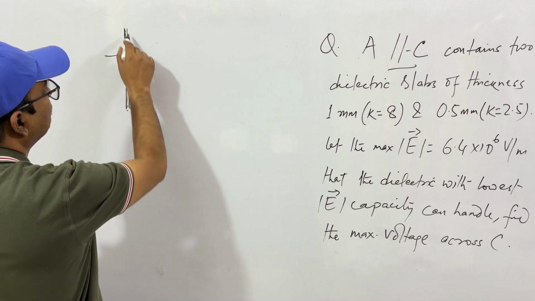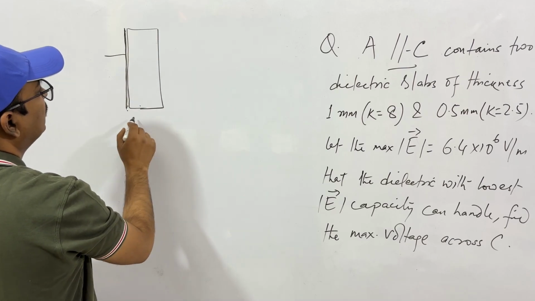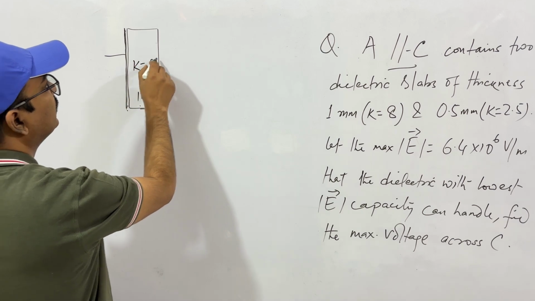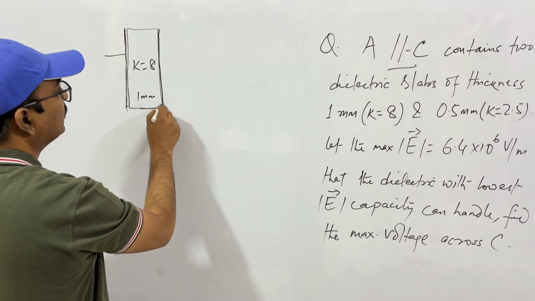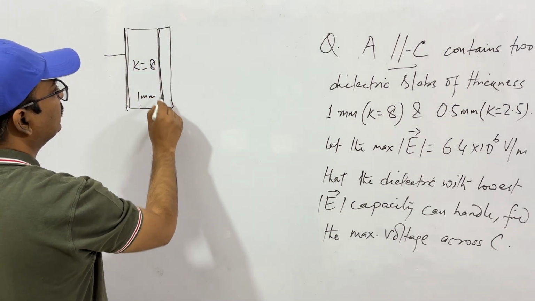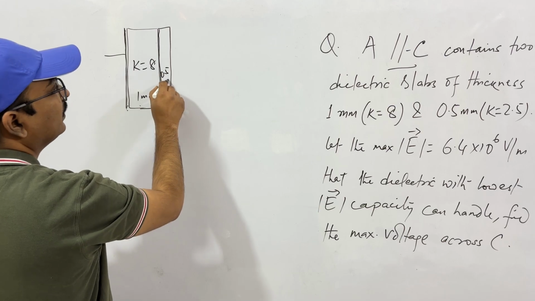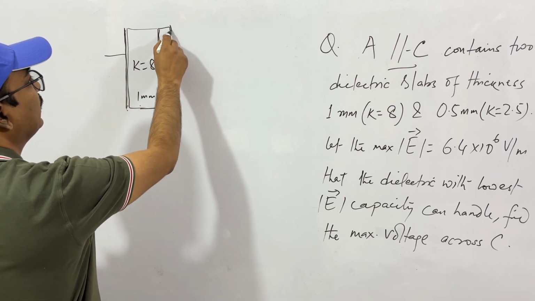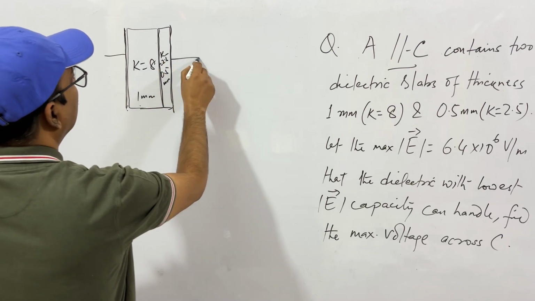Then this is your first dielectric slab, 1 mm. Its K is equal to 8, and then you have a second dielectric of 0.5 mm. Its K is 2.5. Okay, so this is your parallel plate capacitor.